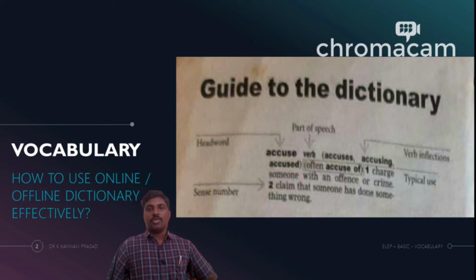You could see here the part of speech which the word accuse belongs to. In this case, the word accuse is a verb. So this is the basic layout which the words in the dictionary follow: the head word followed by the part of speech.